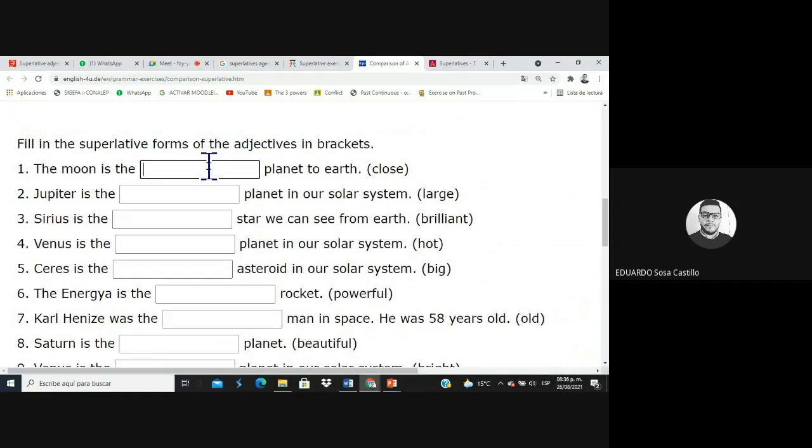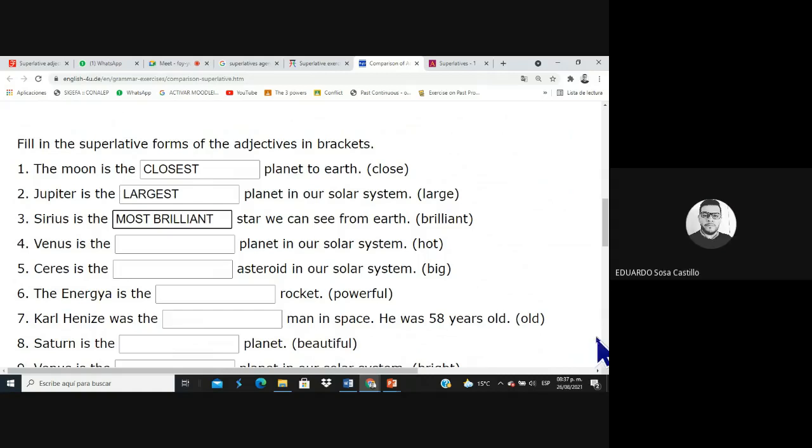The moon is the closest planet to Earth. Jupiter is the largest planet in our solar system. The pronunciation for this, Mariana? Jupiter. Sirius is the most brilliant star we can see from Earth.